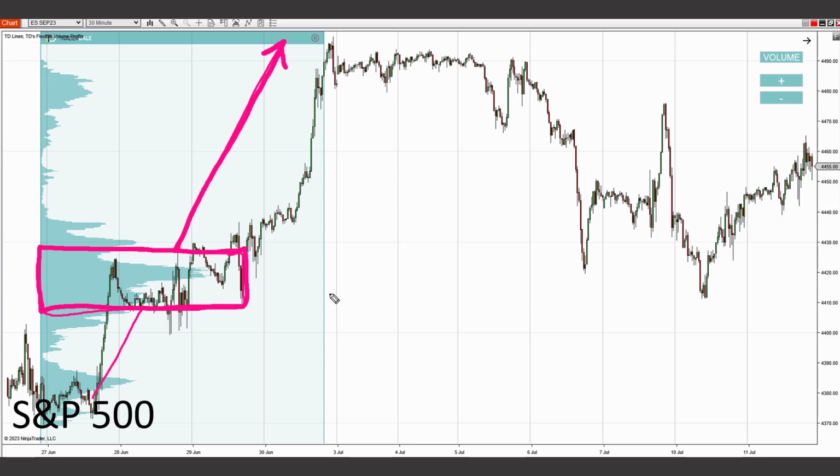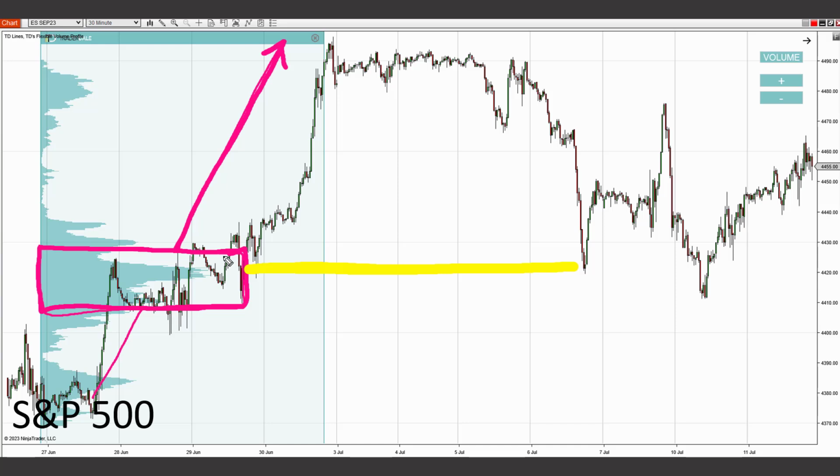Now how to work with this information? Seeing those heavy volumes, we know that this is a very strong zone which those buyers are likely to defend in the future. The reason is that they placed a lot of their long positions here, and that makes that zone very important for them.